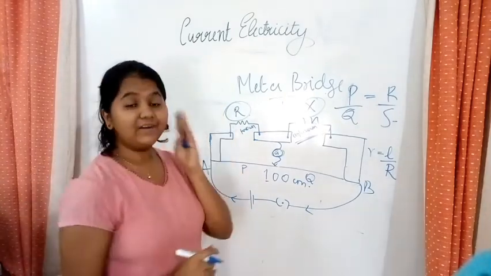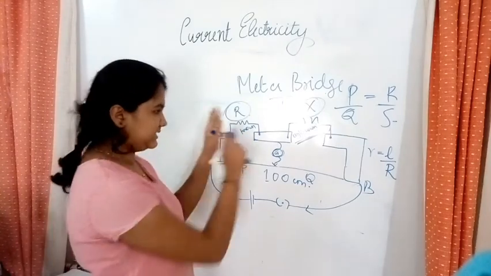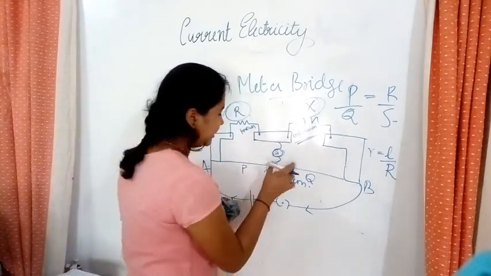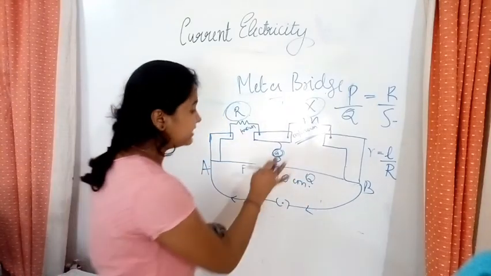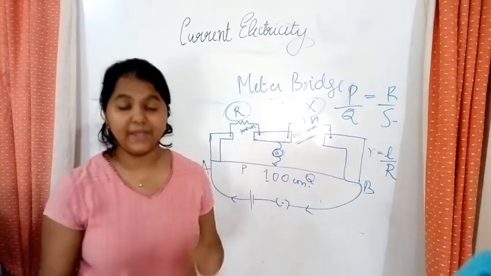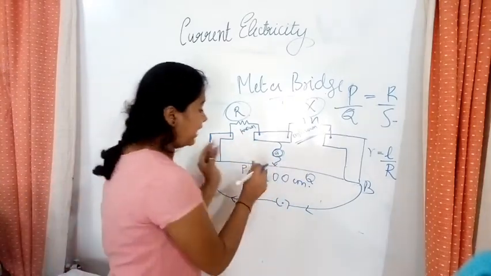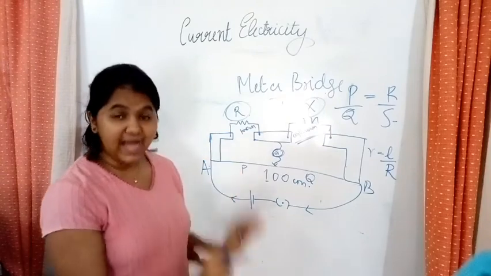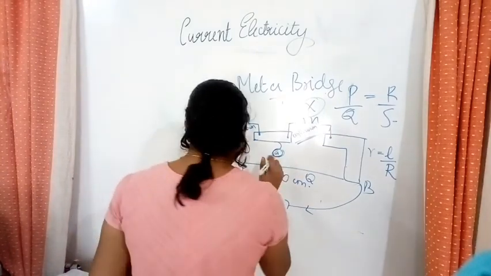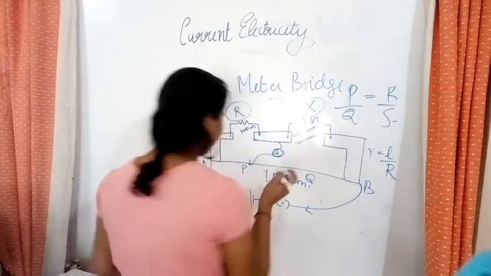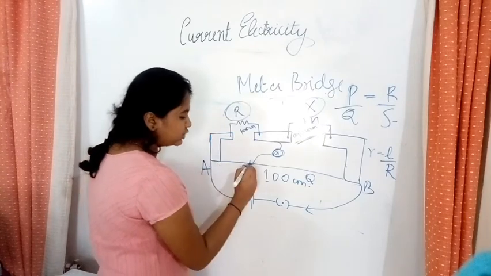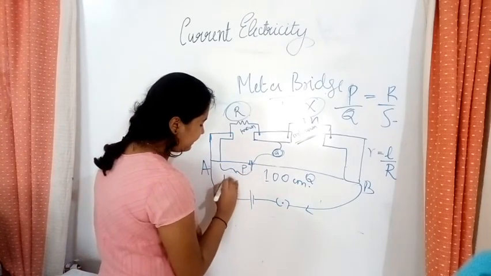Over here, we will give a suitable resistance in the resistance box and we will adjust the jockey to a particular length. Then the galvanometer shows zero deflection. The meter bridge is said to be balanced. The distance from A to this point is known as the balancing length.